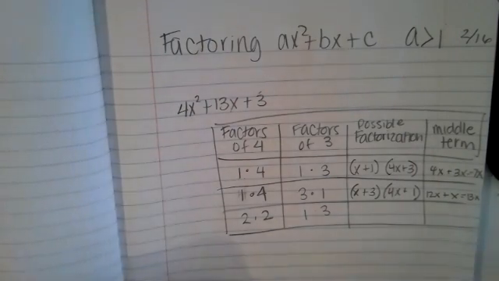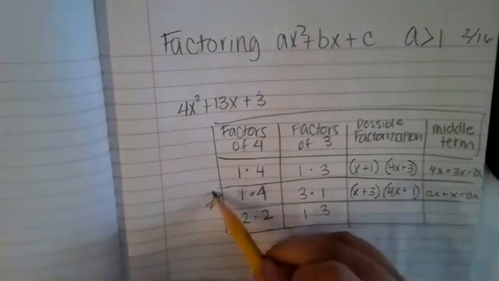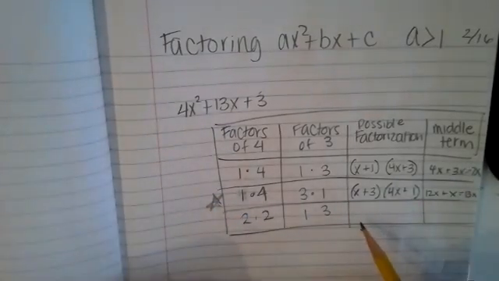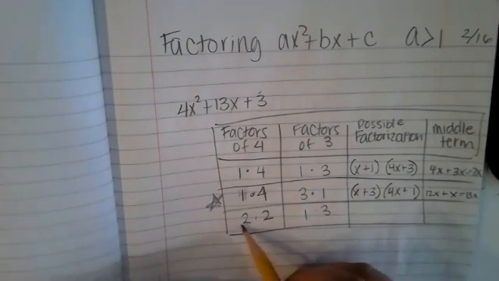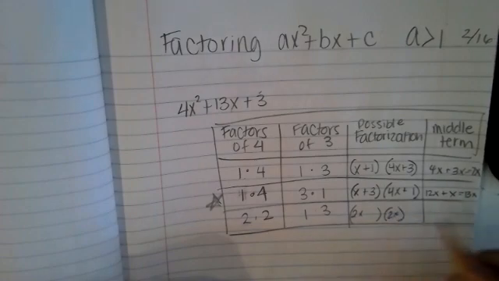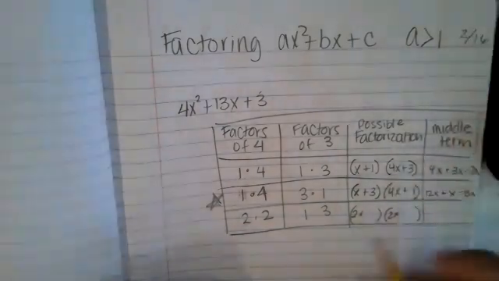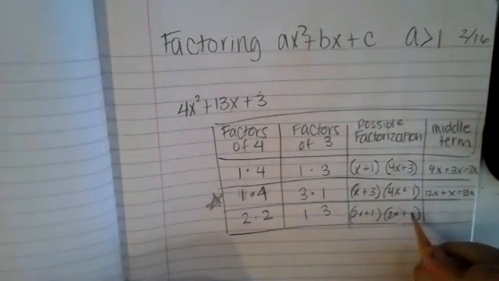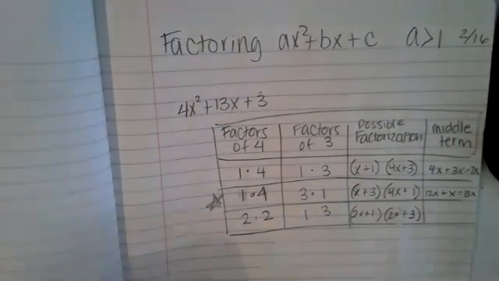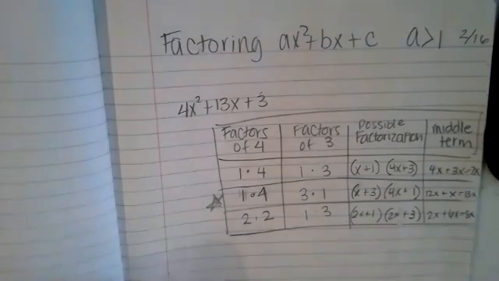That one does create the correct middle term. Just for good measure, we're going to check out this bottom one though. These are my coefficients to x. So I have 2x times 2x, plus 1 plus 3 as my constants. This ends up as 2x plus 6x, which is 8x, so that does not work.